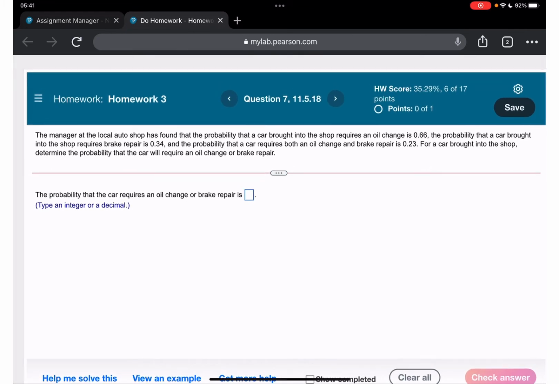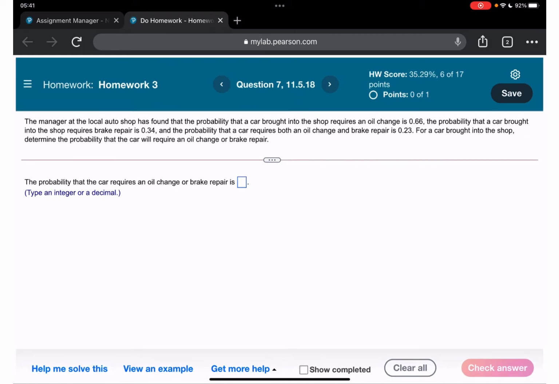And that the car brought into the shop requires brake repair is 0.34, meaning 34% chance. And the probability that a car requires both an oil change and brakes is 0.23.